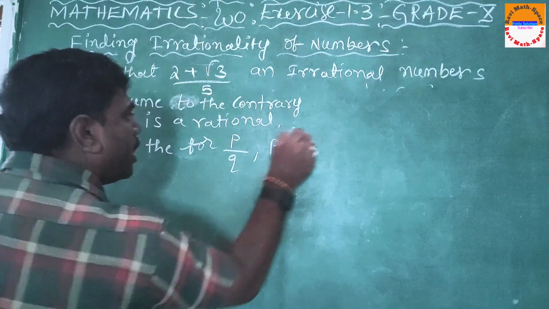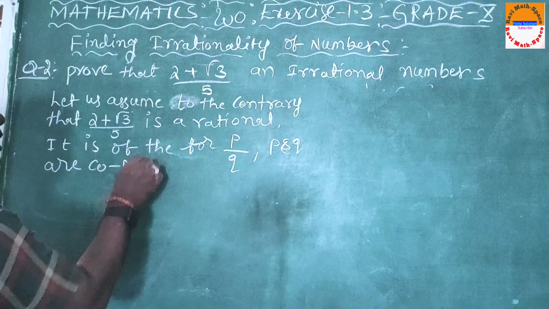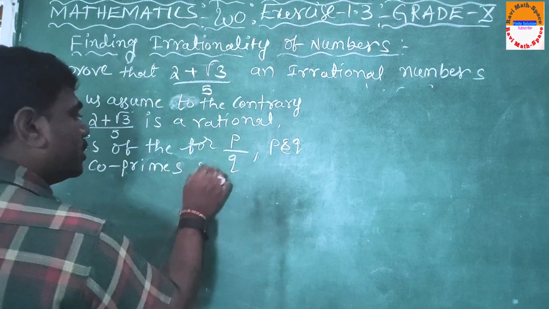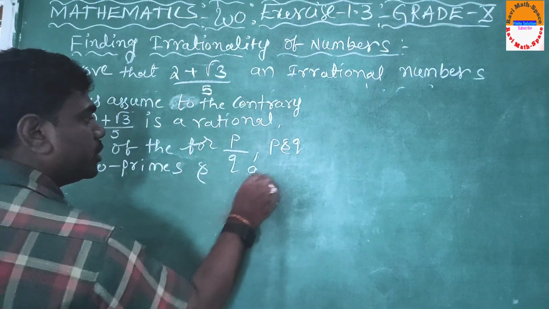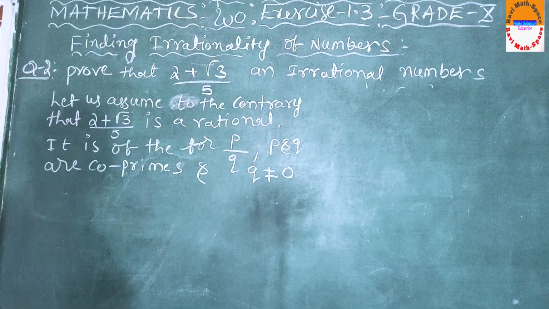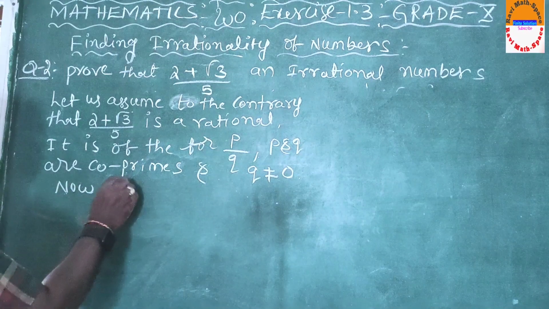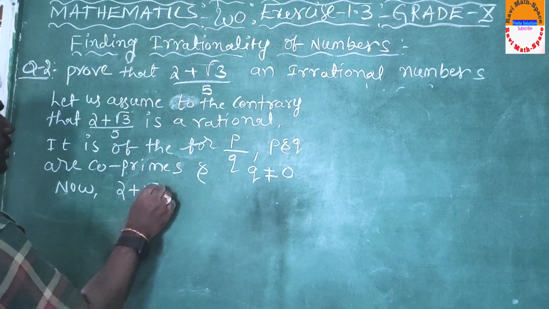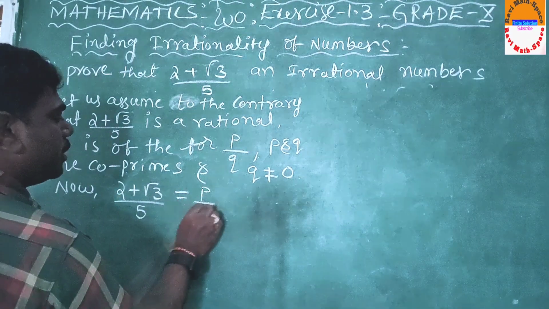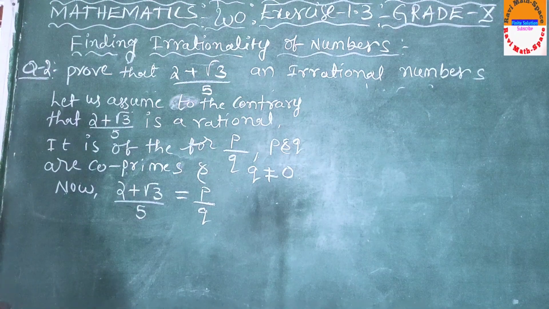P and Q are co-prime numbers, and the denominator should not be equal to 0. These are the rational number conditions. Now, 2 plus root 3 by 5 equals P by Q.